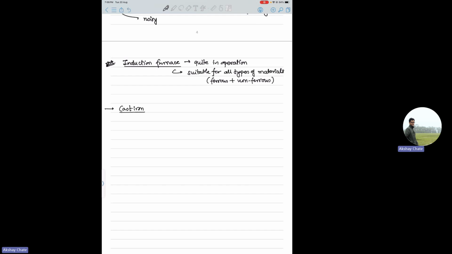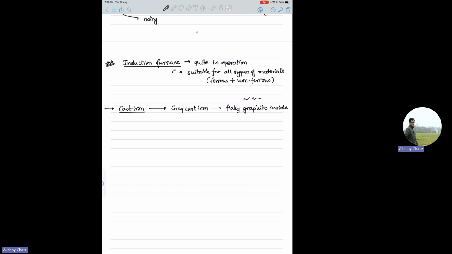So if you consider cast iron, there are different types. First is grey cast iron. The thing that you should remember about grey cast iron is you'll have flaky graphite inside. So the carbon is in graphite, flaky form. It's not nodular or anything.